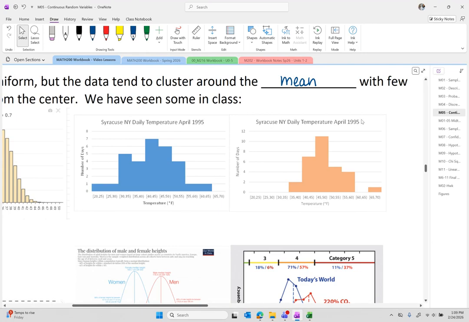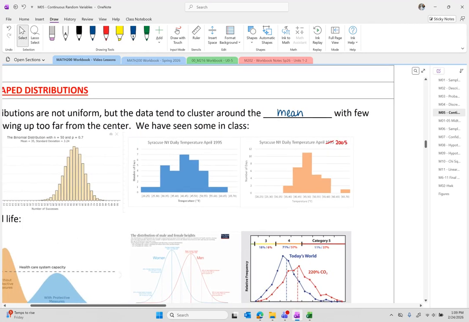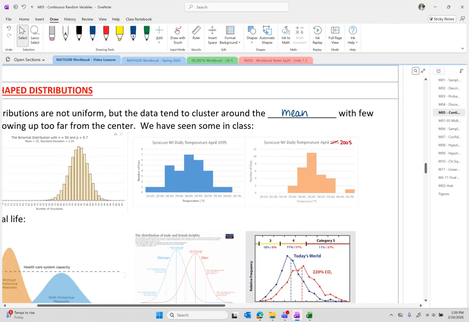We saw this in one of our projects. And we see that we do have several of the values clustering around some measure of center, and then very few values going towards much lower or much higher than the center of the data.